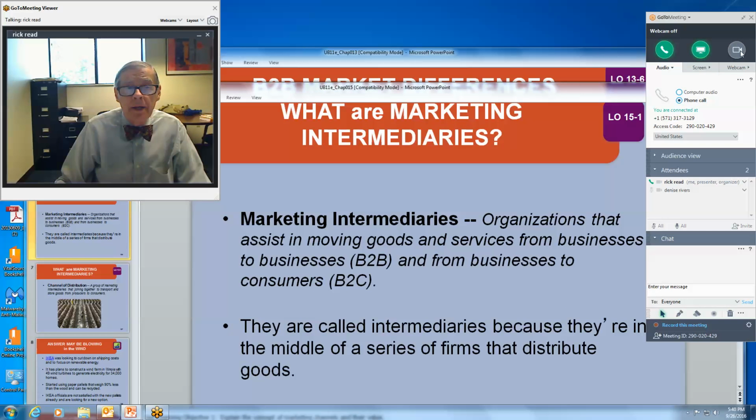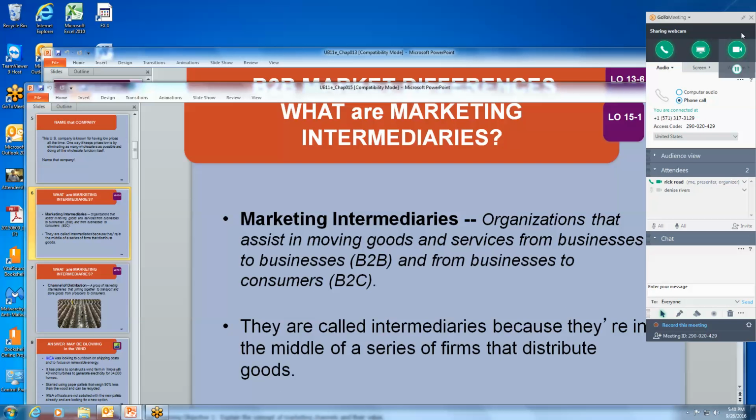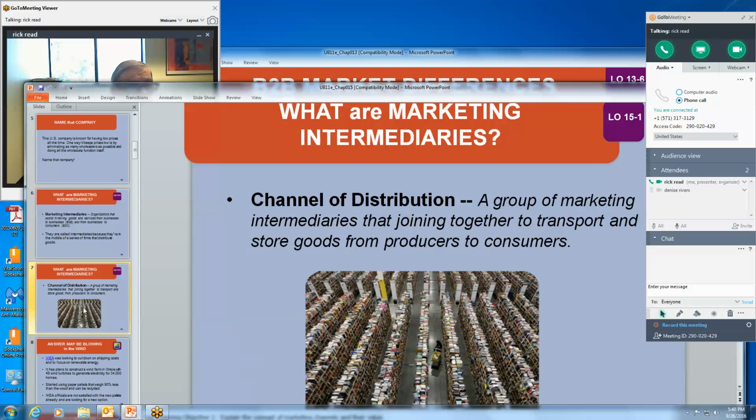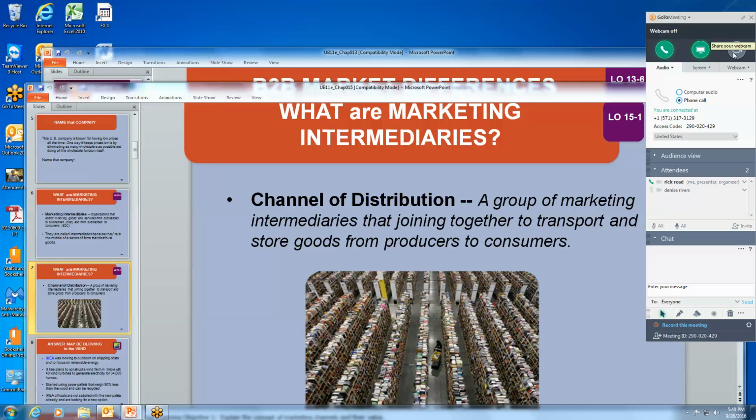Marketing intermediaries are firms that in some cases take possession of goods, and or services, but mostly goods, from business to business and business to consumer and help move them along. They're called intermediaries because they're in the middle of the distribution system.